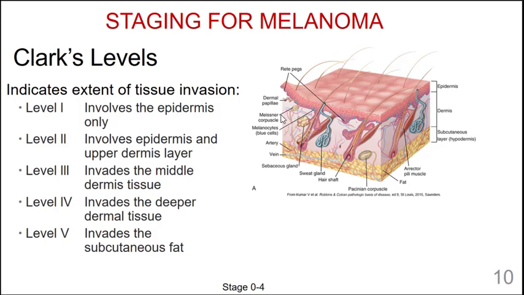With level 3, we're extending down, invading into the middle layer of the dermis rather. And then level 4, we're getting deeper into that dermal tissue. Those that have level 5, there's been invasion of the subcutaneous fat, or the subcutaneous layer beneath the dermis, also known as the hypodermis.